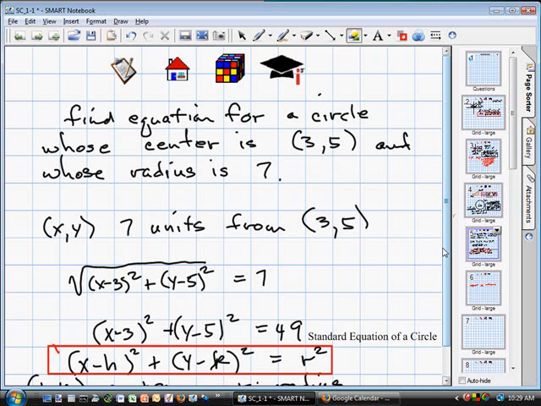The radius squared, 49, and then, isn't it x minus h, quantity squared, plus y minus k, quantity squared, and we're all done.